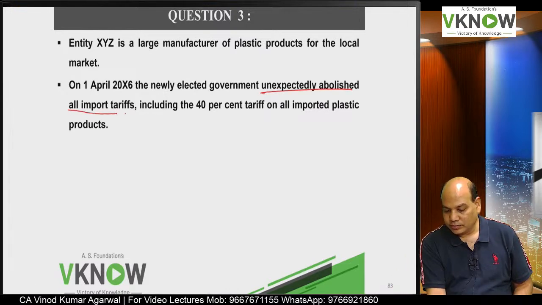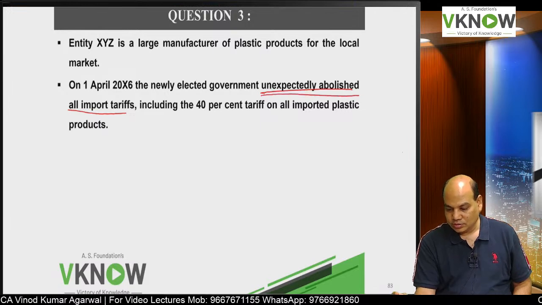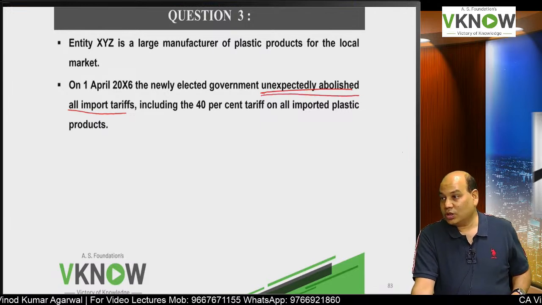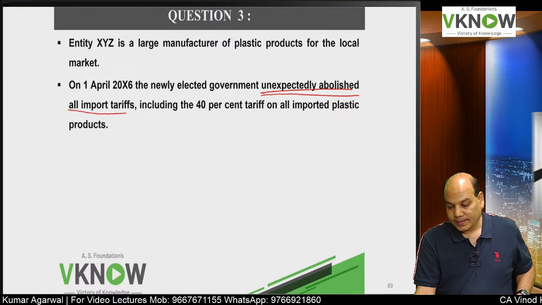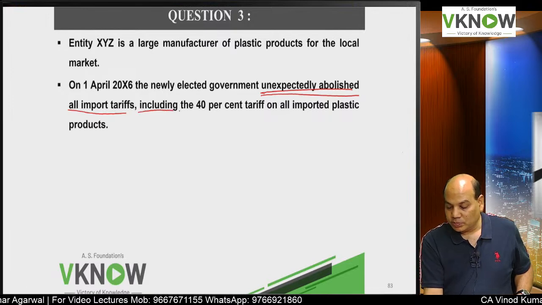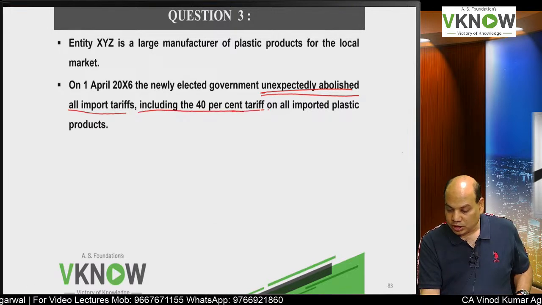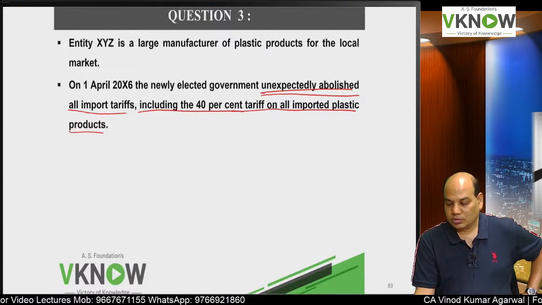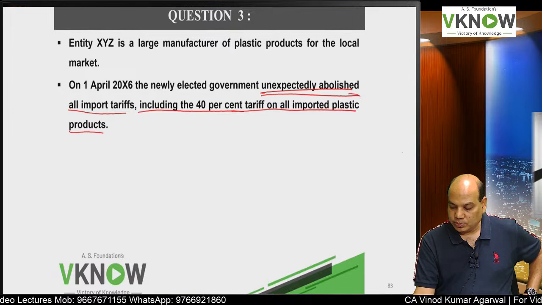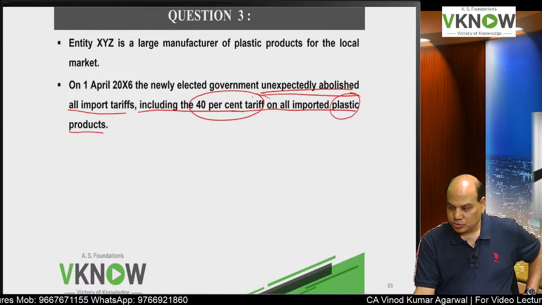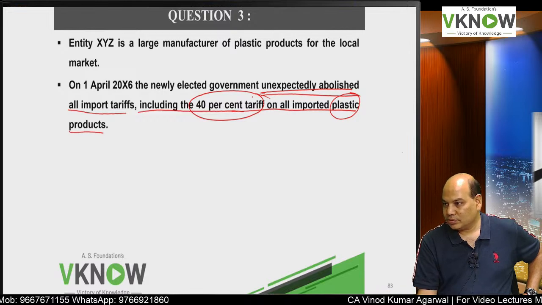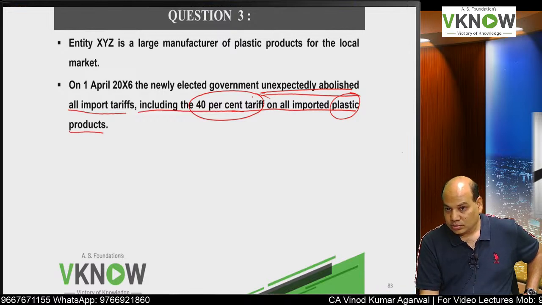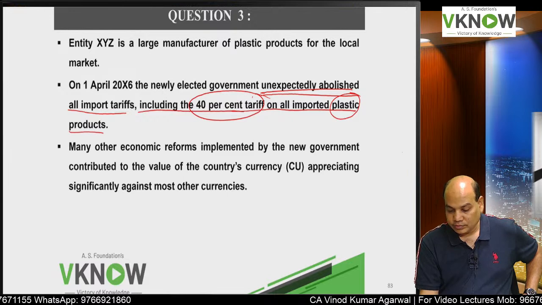Now this kind of situation can make a business a non-going concern also, including the 40% tariff on all imported plastic products. So earlier the plastic products attracted 40% tariff, which means imports would become very expensive. But now that has been abolished, zero tariff.